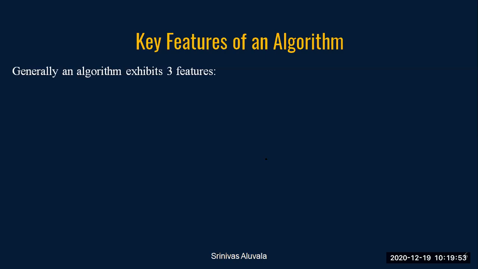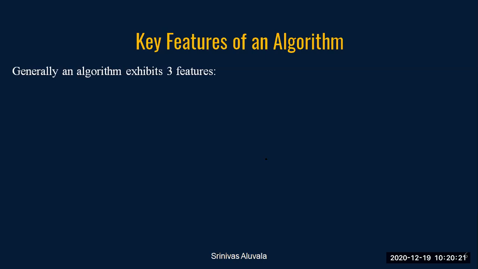It exhibits three features: how my algorithm execution takes place, how my algorithm goes about giving me an answer, a desired result. That's what we call the features of an algorithm. What are the features every algorithm can exhibit? An algorithm can go for exhibiting all the three features. An algorithm can go for exhibiting any one of the features.